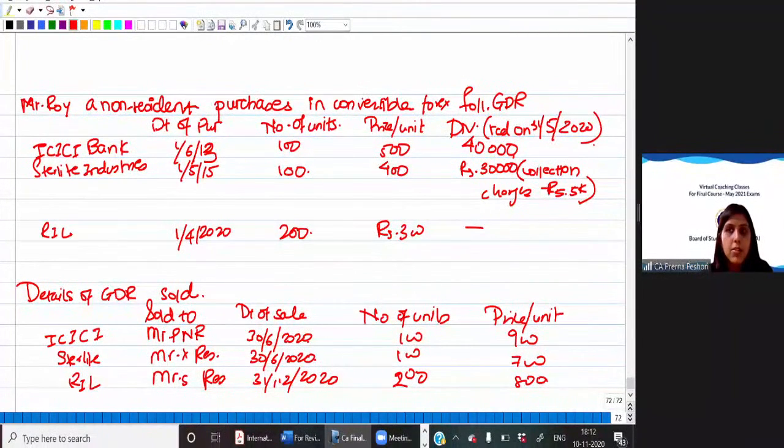Yes, Tushar, right. Quickly tell me what will be for Sterlite and Reliance.